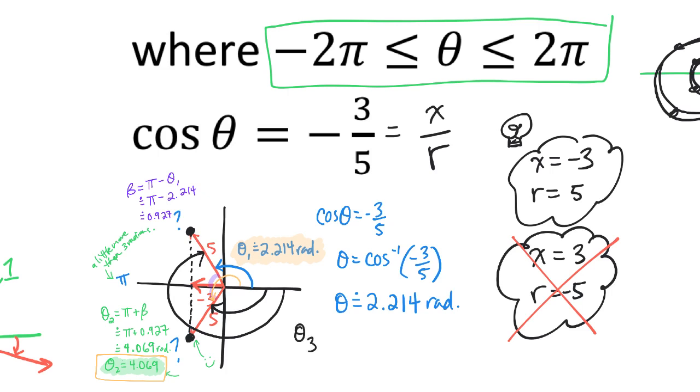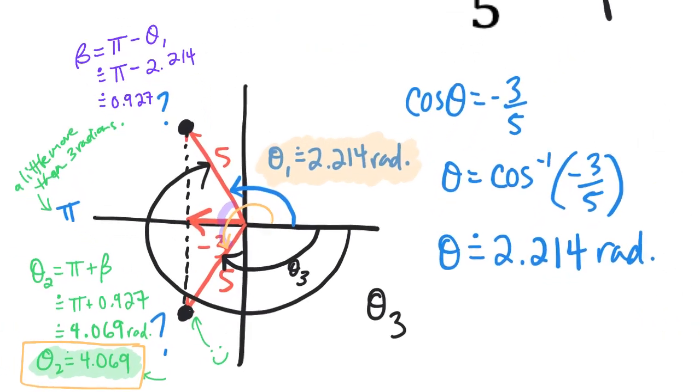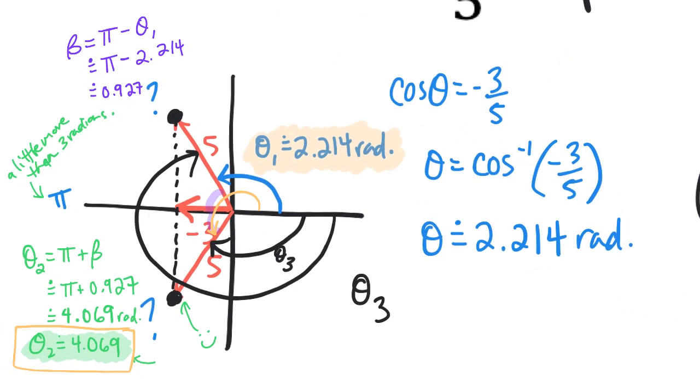So theta 3, that first one that I drew, this one right here, we can see that if we were to go negative pi, we'd go all the way, but we're just a related acute angle shy of that pi value. So that angle is pi minus the related acute, but we know that this angle is negative. So I'm just going to put that outside the bracket. It makes my life a little easier as I calculate it.